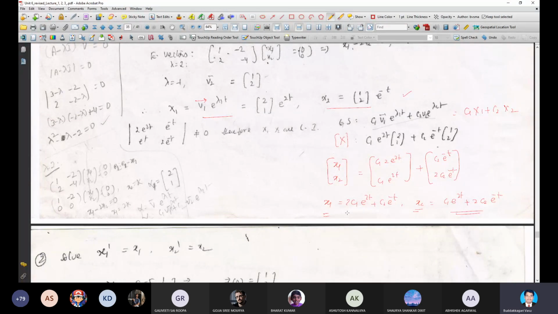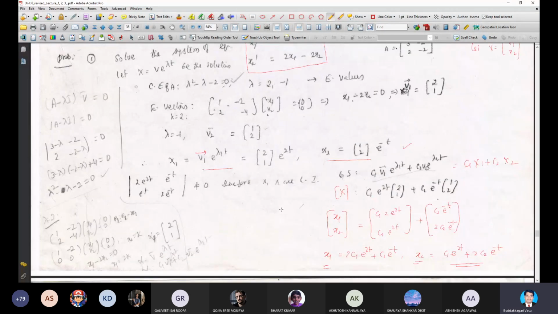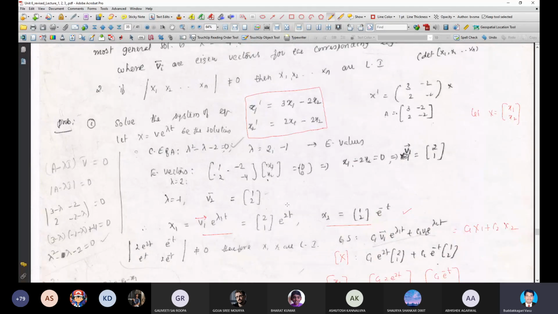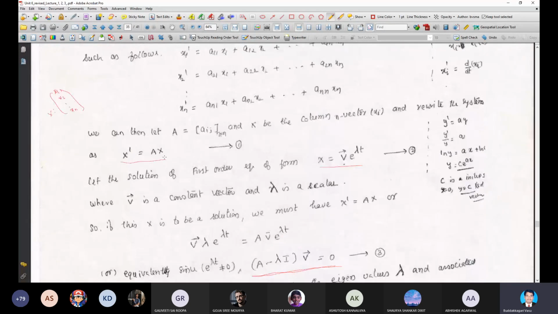Any doubt in this? Finding the solution here, the key points are: first write down the given system into the matrix form x dash is equal to Ax, and its solution will be assumed x is equal to v bar into e power lambda t, where v bar is the eigenvector corresponding to the eigenvalue. Then the most general solution is c1 x1 plus c2 x2 plus so on cn xn.